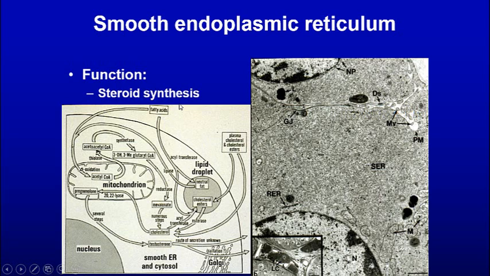Also, smooth ER is associated with steroid secretion, and here you can see where the smooth endoplasmic reticulum is associated with cholesterol production.